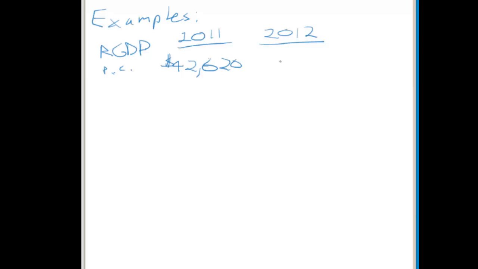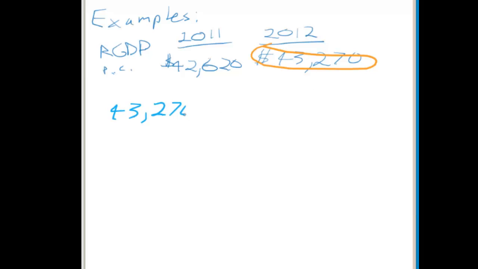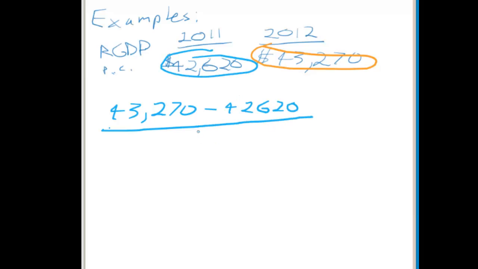For 2012, it was $43,270. Okay, now remember the calculation is the second number. So I'm going to take 43,270 minus the first number, 42,620. Take that difference and then divide it by the first number, 42,620. Take that whole thing, multiply it by 100.